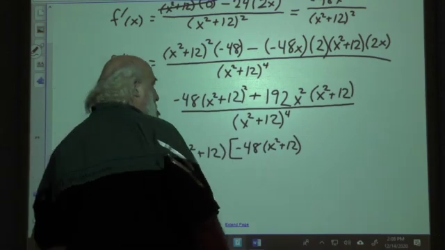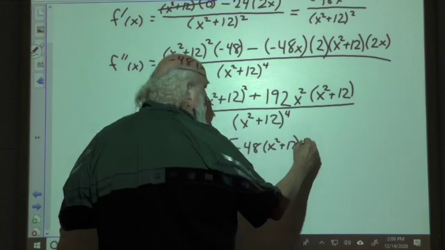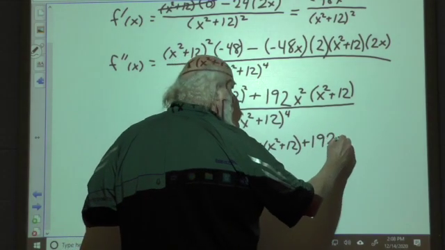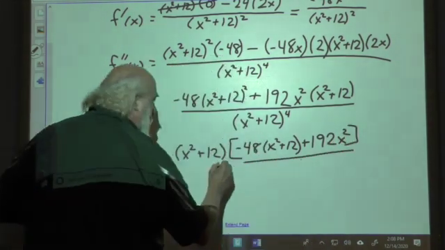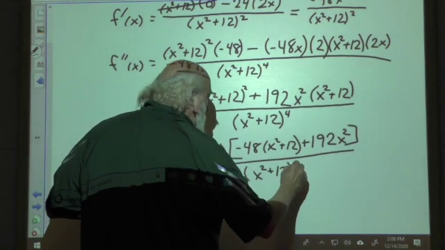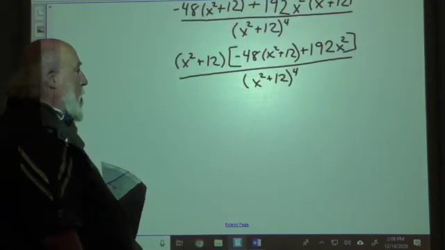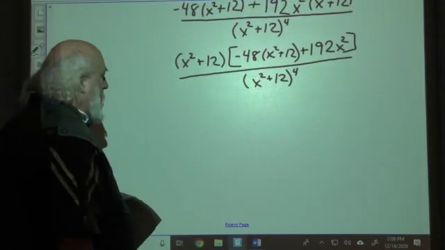And then taking this x squared plus 12 out leaves plus 192x squared, all over x squared plus 12 to the fourth power. Okay, looks like we're going uphill. All right.